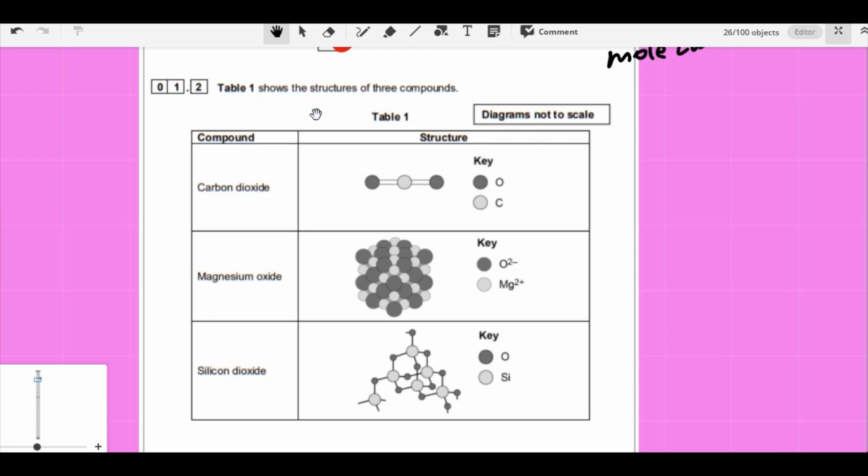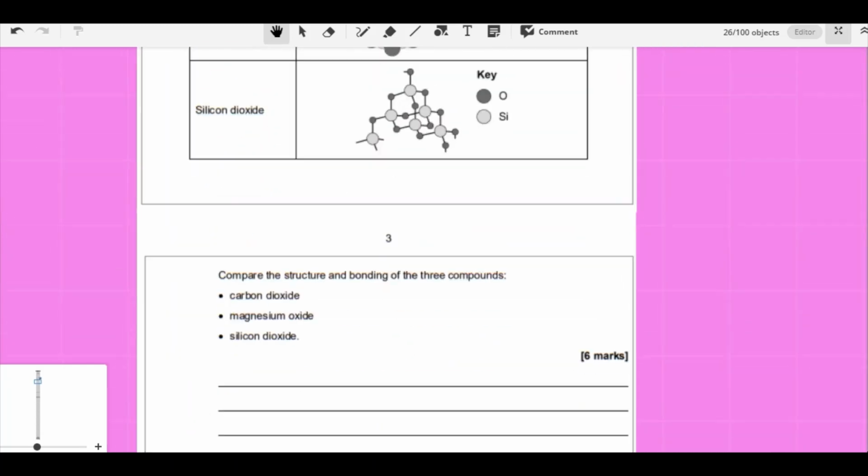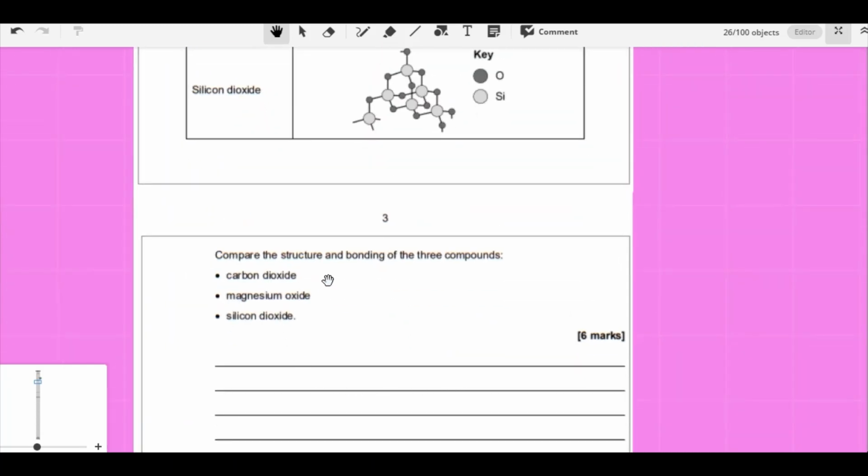1.2. Here is shown the structure of three compounds: carbon dioxide, magnesium oxide and silicon dioxide. Now compare the structure and bonding of these three compounds.